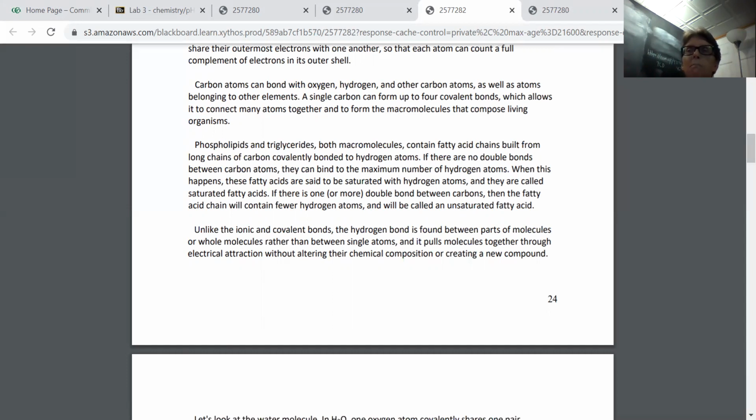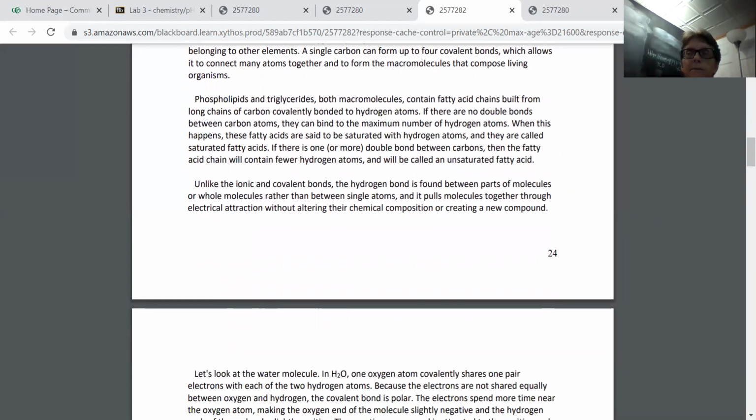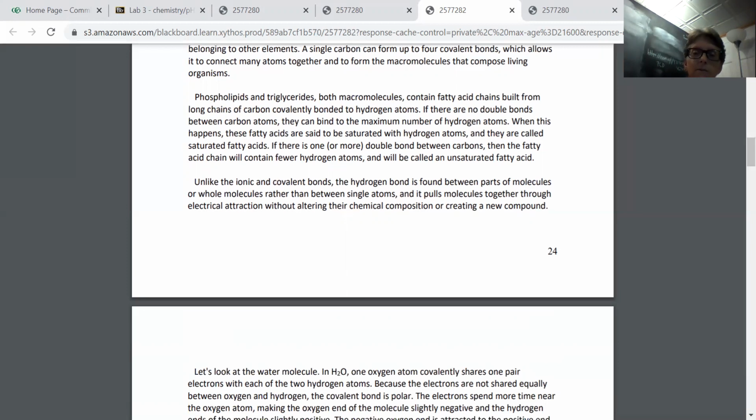It is saturated with the maximum number of hydrogens that you can fit around the carbon. If it contains a carbon-carbon double bond, therefore we're going to have less than the maximum number of hydrogens around the carbons, it's called an unsaturated fat or fatty acid. And if it contains multiple double bonds, then it would be a polyunsaturated fatty acid.